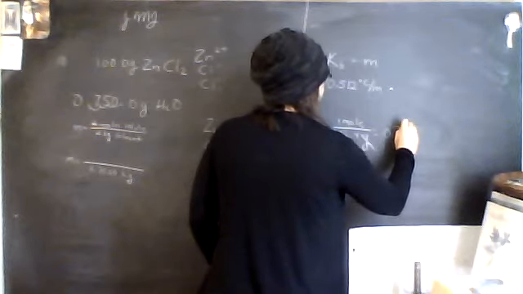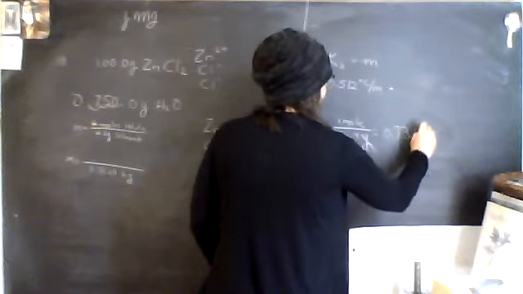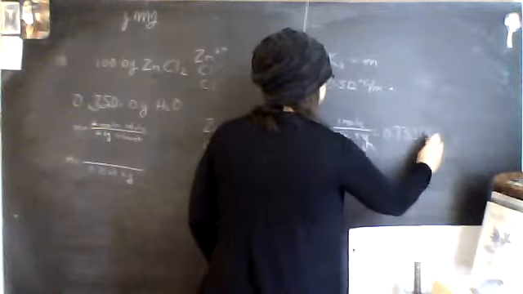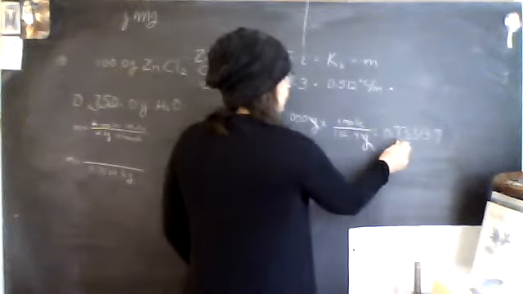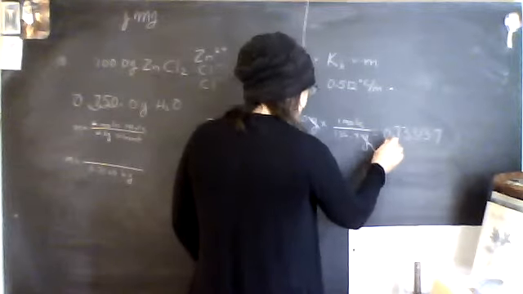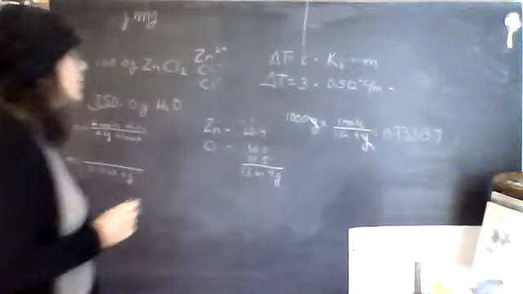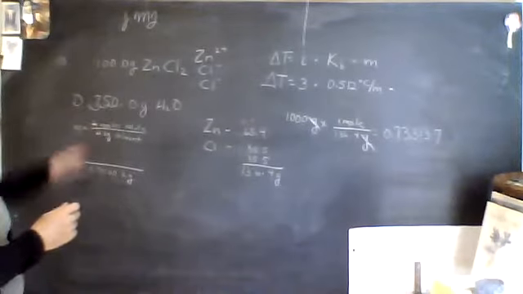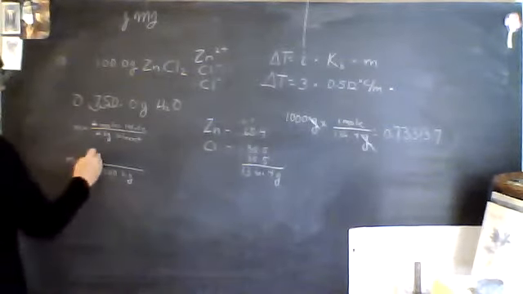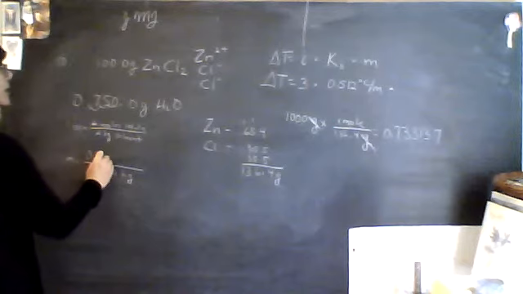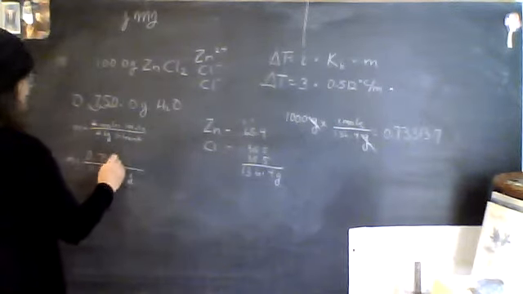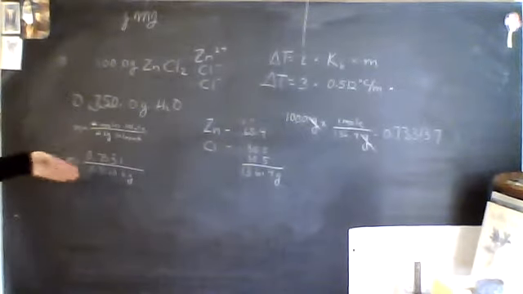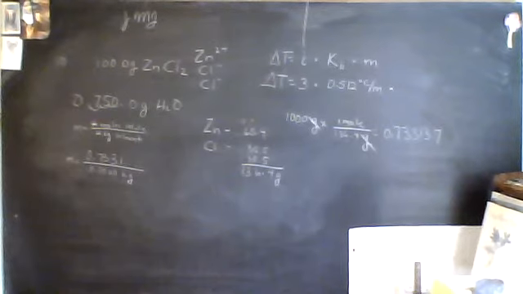0.73313. Okay, stop. We have 4 significant digits in each of our numbers, so we want 4: 1, 2, 3, 4. 0.7331 moles of zinc chloride. So the molality will be close to 1, as you can see. Okay, but you'll do the math.